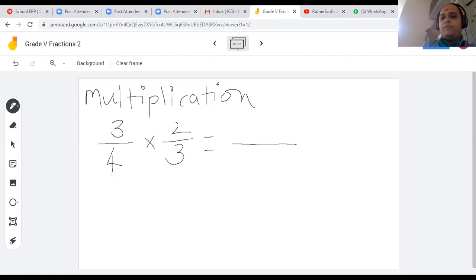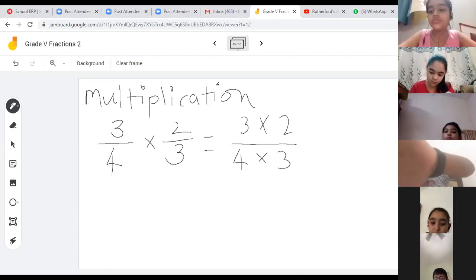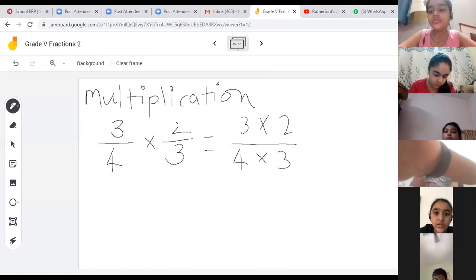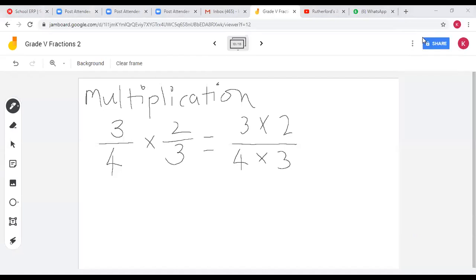The denominator is multiplied with the denominator and the numerator is multiplied with the numerator. Understood everyone? Give me a thumbs up. All you have to do is multiply them. What is on the upside, you multiply, and what is on the downside, you multiply. Very simple step.